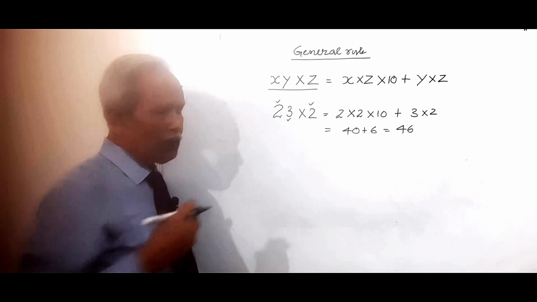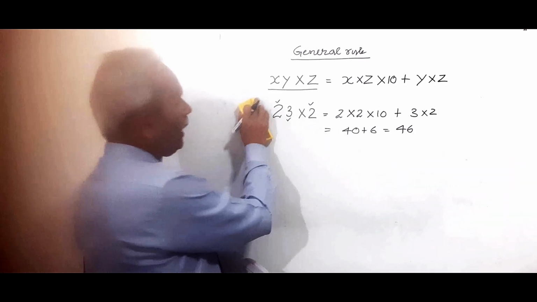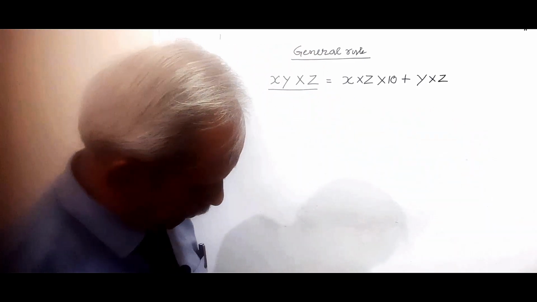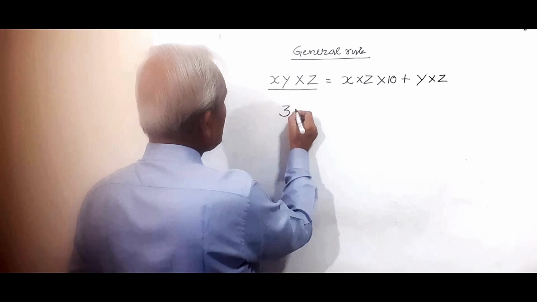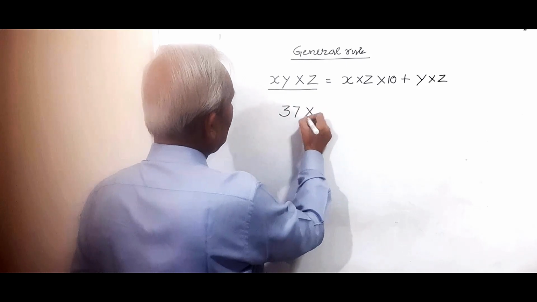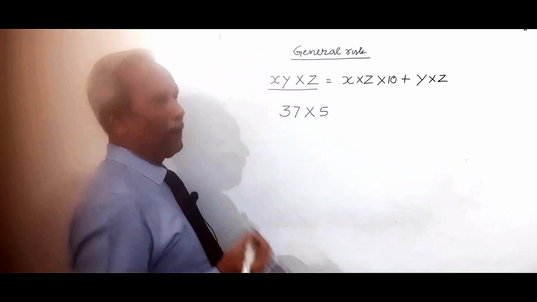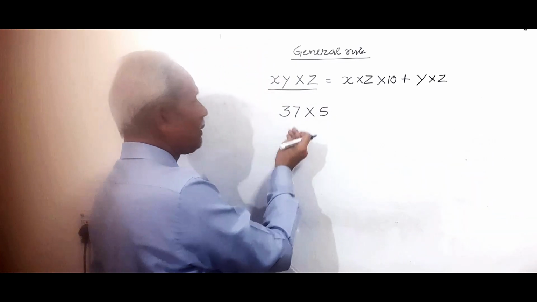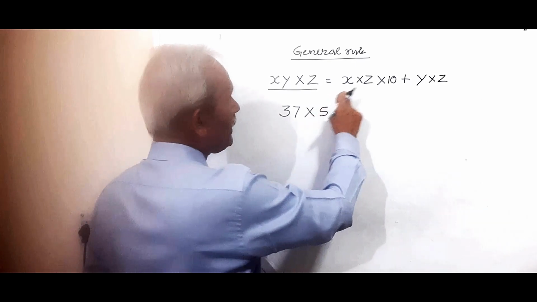So let me show you another example, and then I'll let you know the process that we are following. For example, if you want to find out 37 into 5, right? So as I told you, x into z into 10.